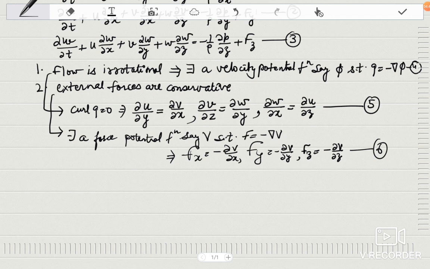Now we will use these relations, 5th relation, 6th relation and 4th relation in the 3 equations.